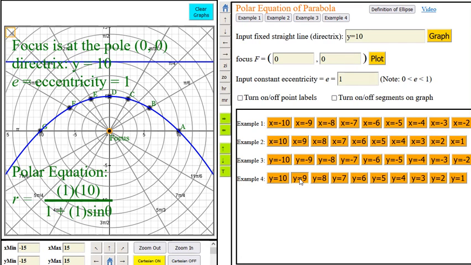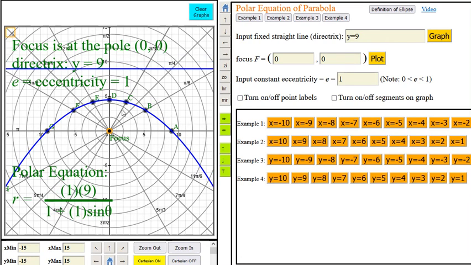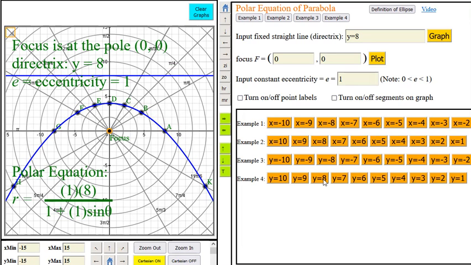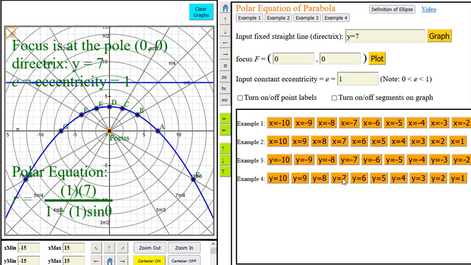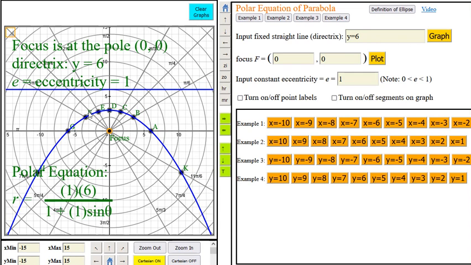Here's y equal to 9, so we get 9. Then directrix y equal to 8. Then directrix y equal to 7. Directrix y equal to 6, then we get a 6 here.